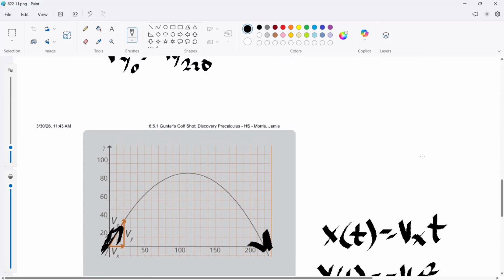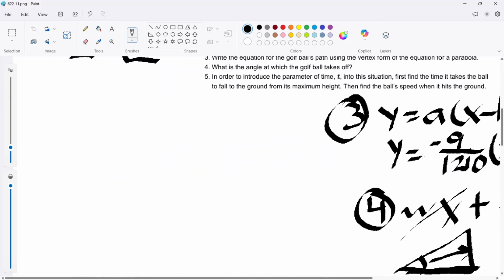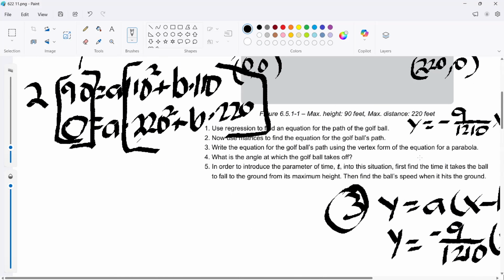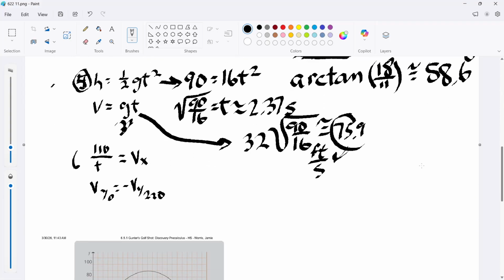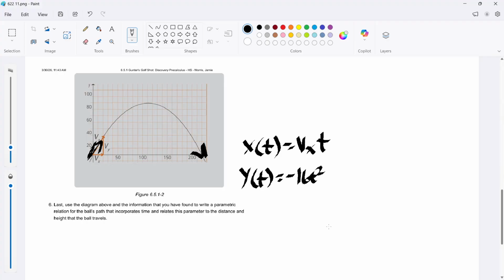So technically, the 75.9 that I found for part 5 is in the negative direction. And here it's positive, so y equals negative 16 t squared plus 75.9 t. So I've got that one.